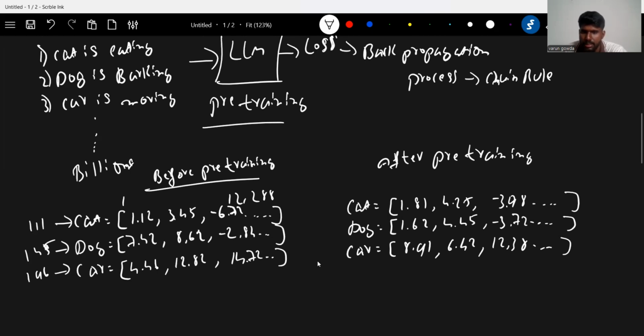The model has learned these two embeddings are a bit similar in terms of characteristics, and car is not similar to cat and dog. It has seen a lot of examples in these billions of sentences regarding cat and dog, so it can come up with updated embeddings which are a bit similar.